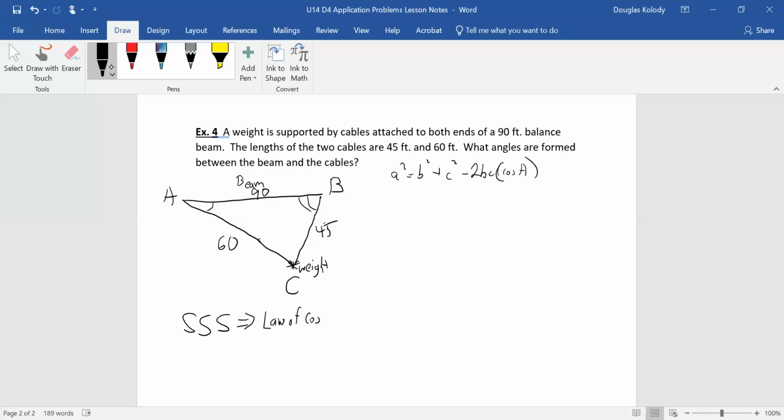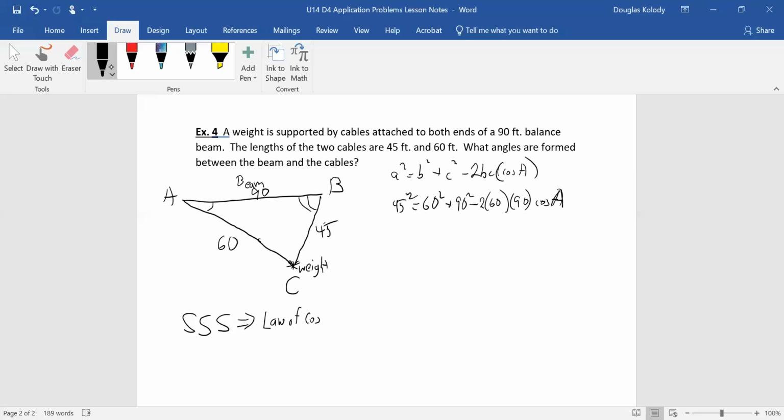So a squared is 45 squared equals b squared, which is 60, plus c squared, which is 90, minus 2 times 60 times 90 times the cosine of A. I will go through the majority of the work with you here on this one.